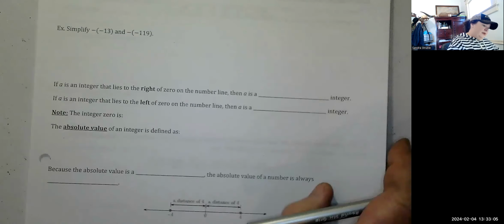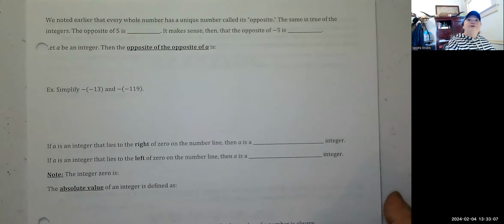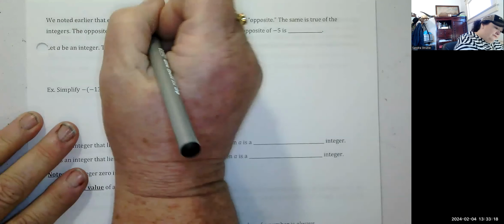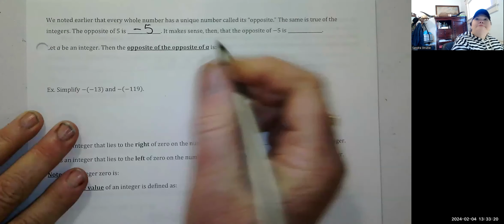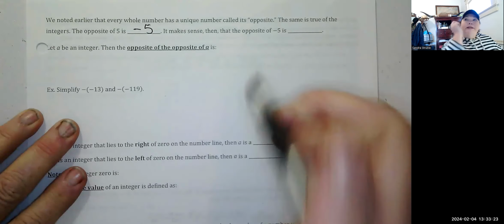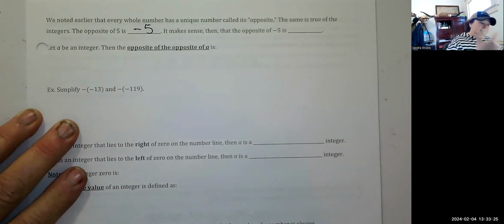Next page. So we noted earlier that every whole number has a unique number called its opposite. And the same is true of the integers. So the opposite of 5 is -5. It makes sense then that the opposite of -5 is 5.